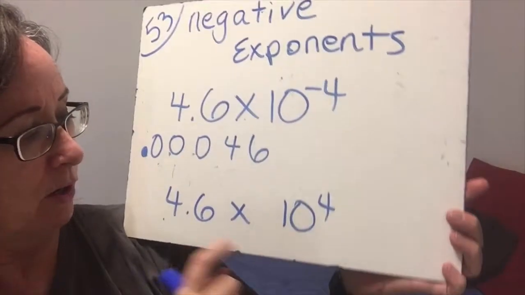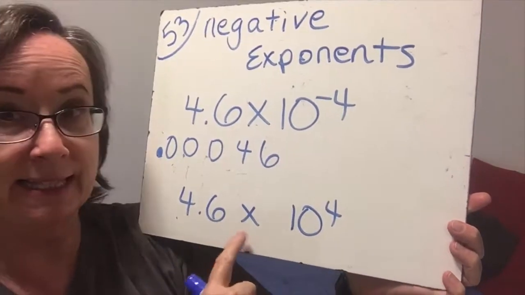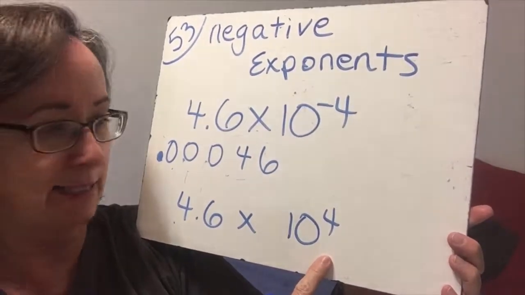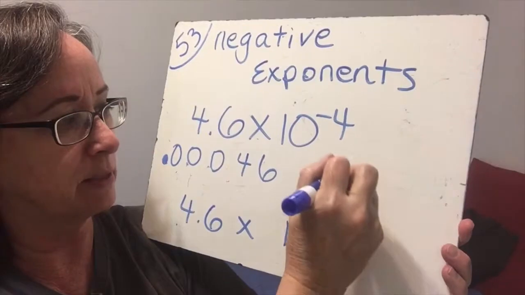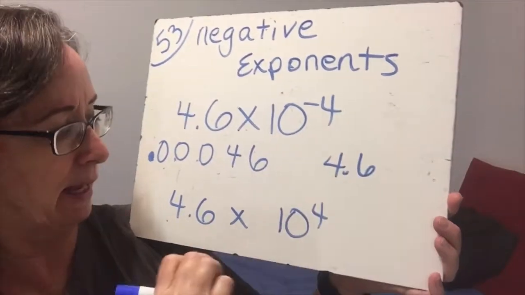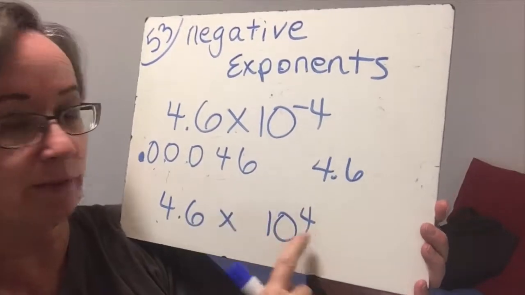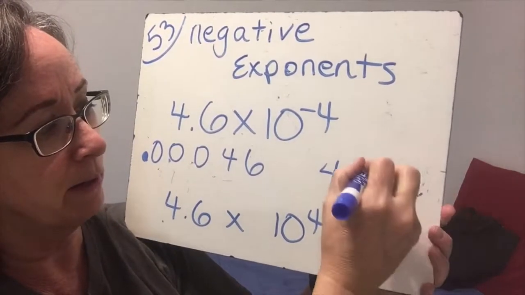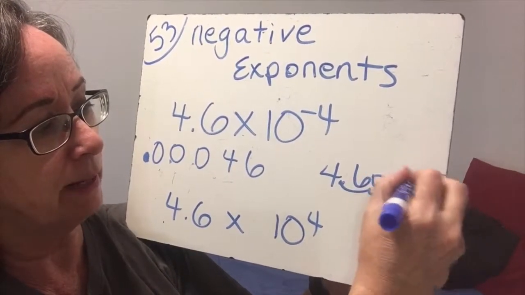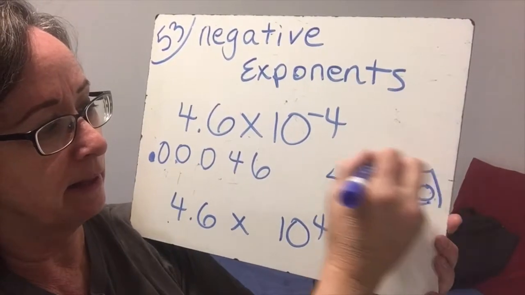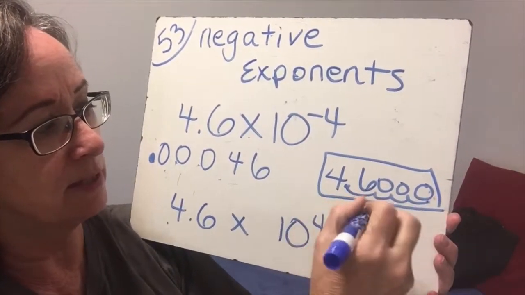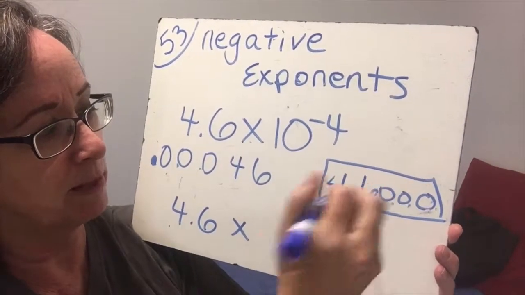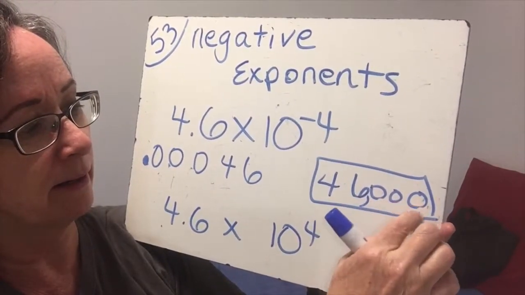Now here we have 4.6 times 10 to the positive fourth, which means we're going to take the decimal. I'm going to do this one up here. We're going to take the decimal and move it 4 steps to the right. 1, 2, 3, 4. And the number is 46,000. If we want to, we can put a comma in there.